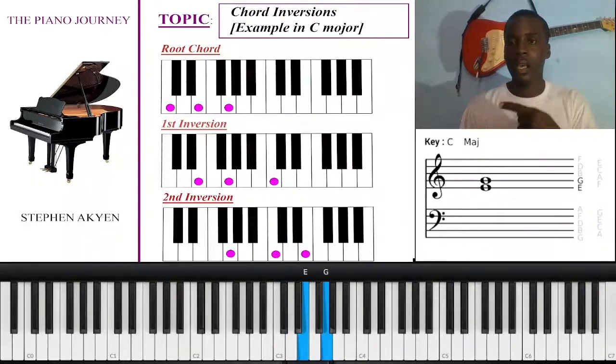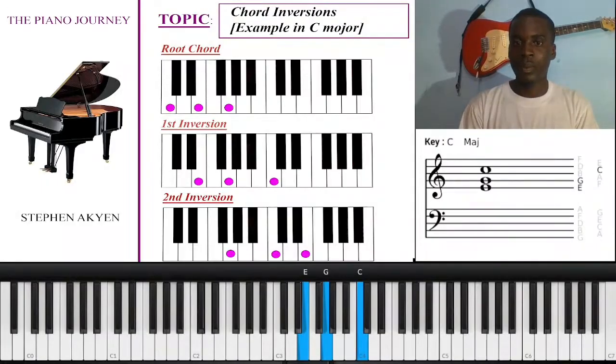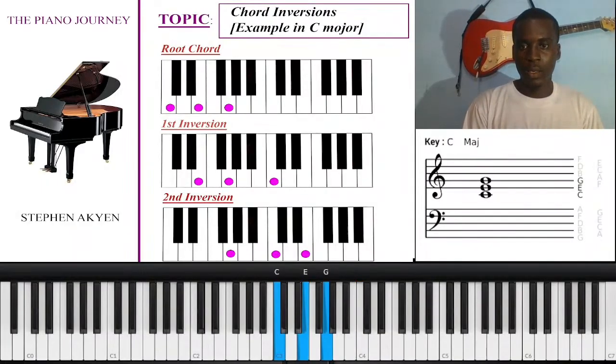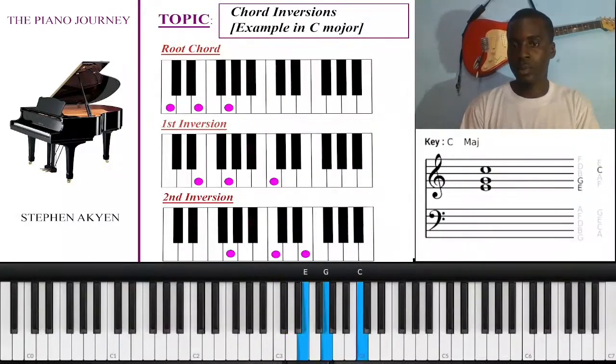So from here, I move this C to the C on top. So from the root chord, I move this to the C on top to get my C major first inversion chord.